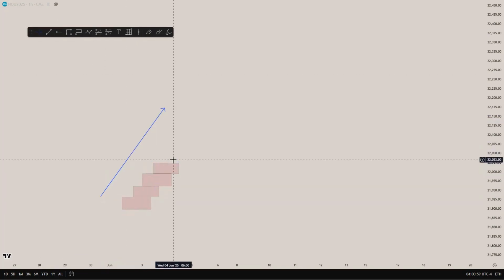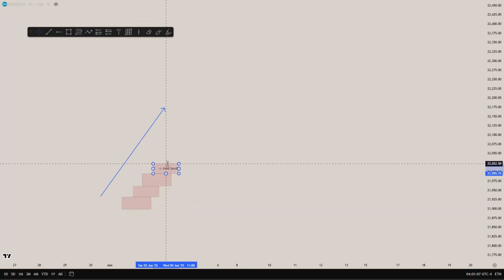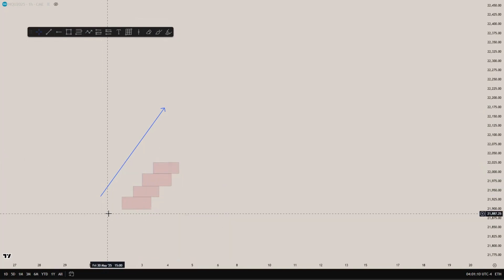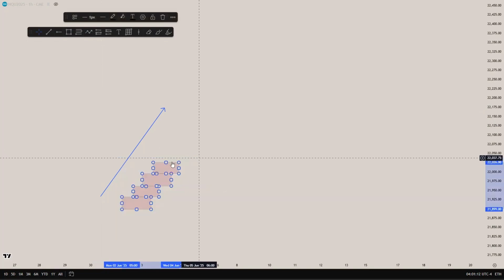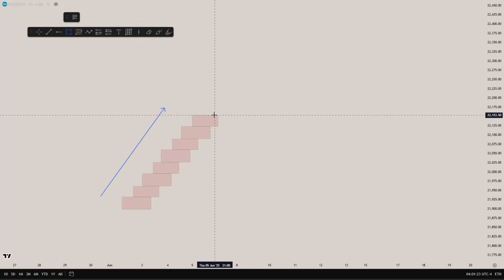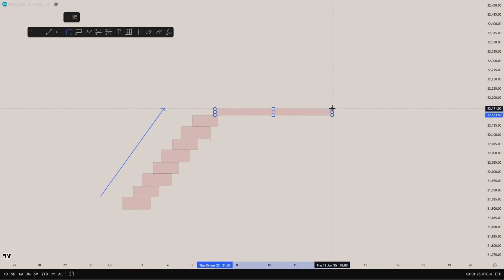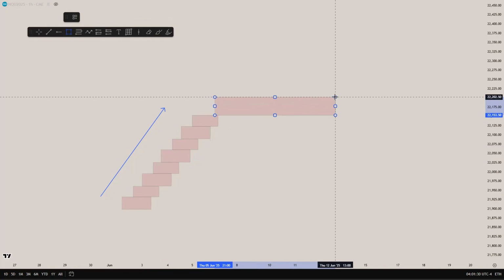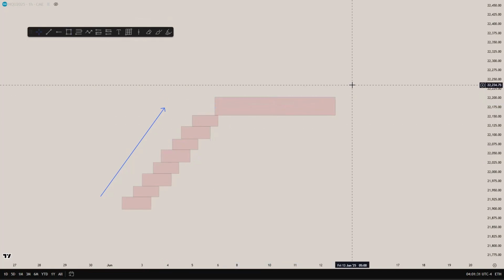And I just made a mistake. Little one, no problem. And then here comes another part of the structure and the staircase also.